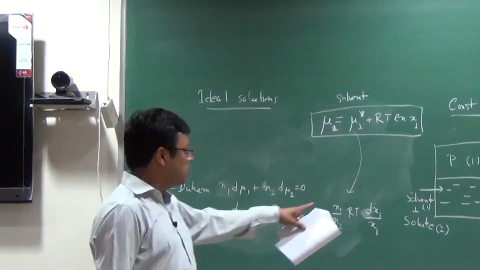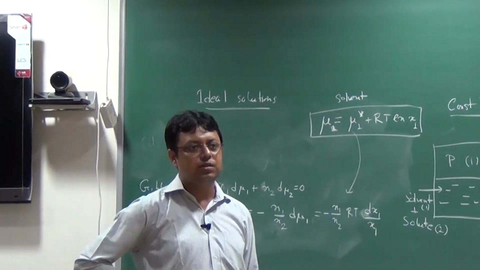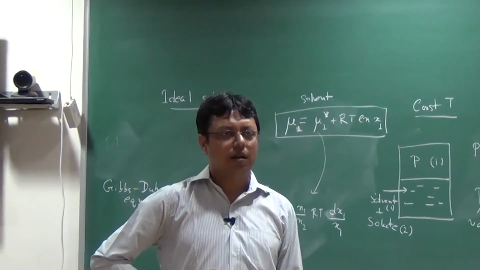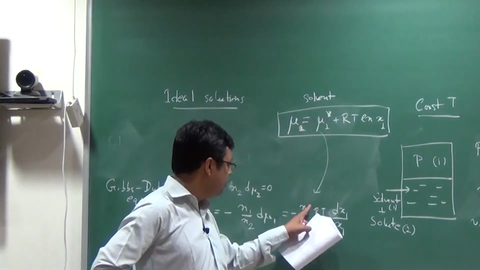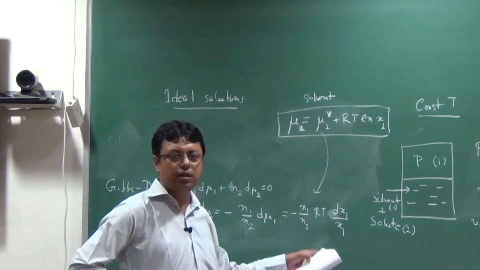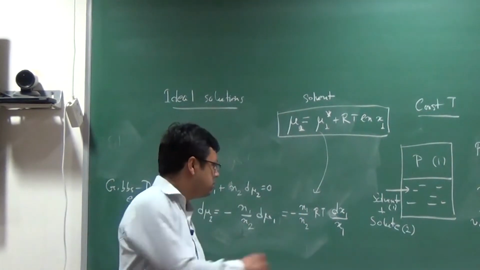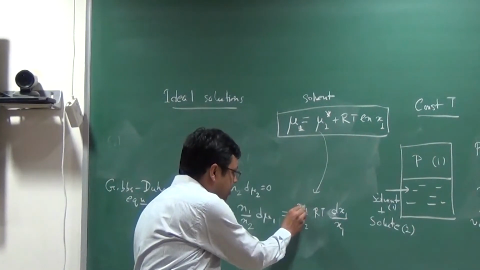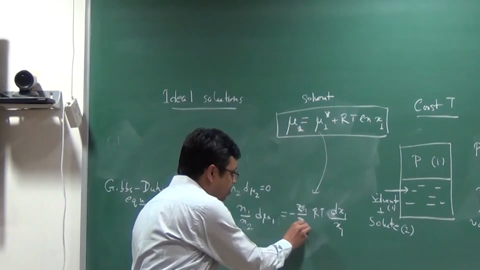Now what is n1 by n2? n1 is moles, right? I can divide the denominator and numerator by the total number of moles. So n1 by n2 is nothing but x1 by x2. So we can change that here directly to x1 and x2.